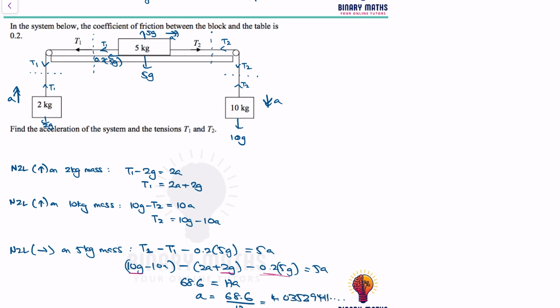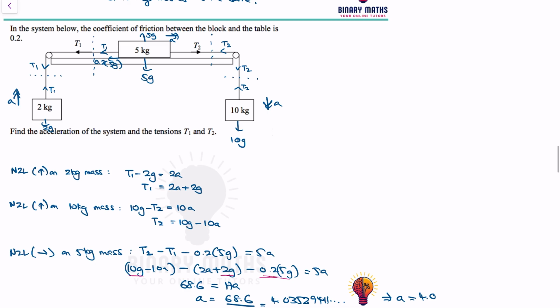4.03529411, which implies a is equal to 4.03 meters per second squared. Now we need to find T1 and T2.